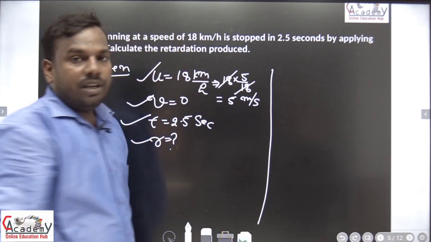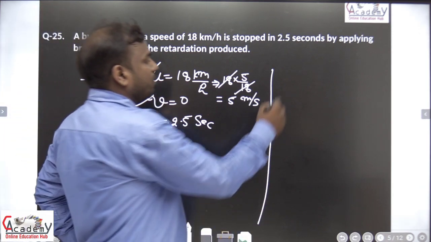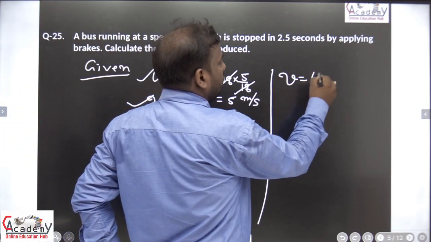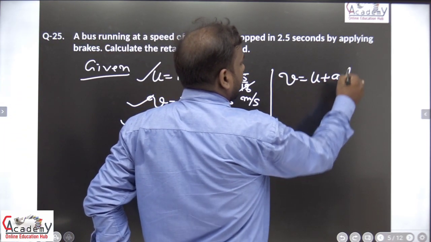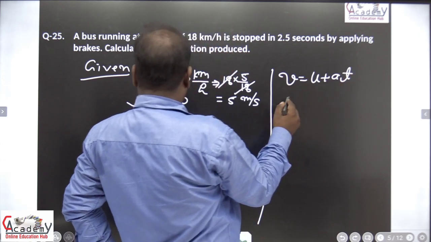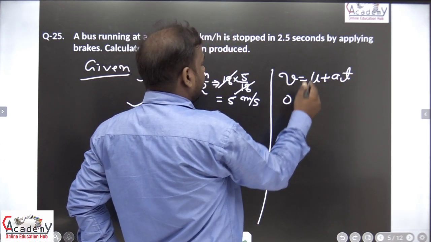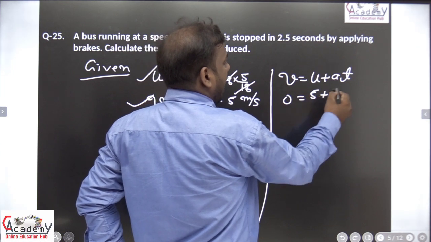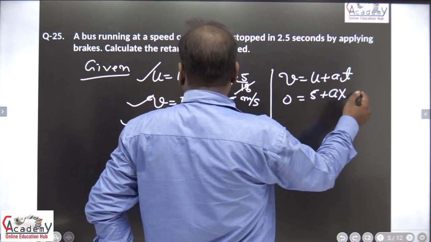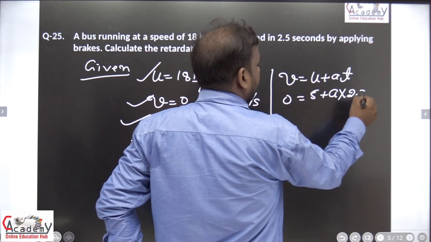Now we use the first equation of motion, v is equal to u plus at. v is 0, u is 5, plus acceleration multiplied by time. Time is 2.5 second.